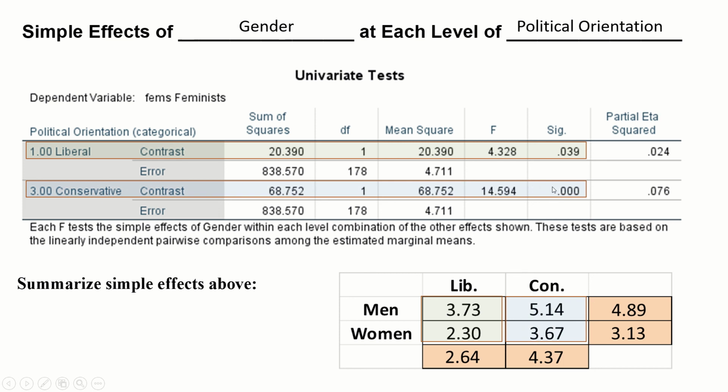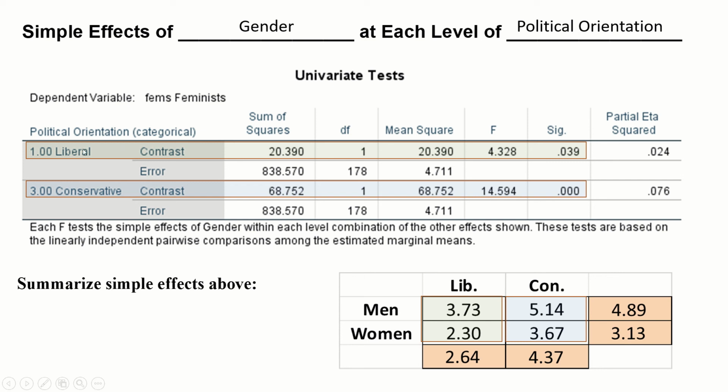And again, we see that same pattern replicate for conservatives as well. We look here at the simple effect of gender for conservatives, and we're getting the triple zeros to note that p is less than 0.001. So the simple effect of gender is significant for conservatives too. We're replicating that same gender difference among conservatives, where conservative men are reporting significantly more anti-feminist prejudice compared to conservative women.